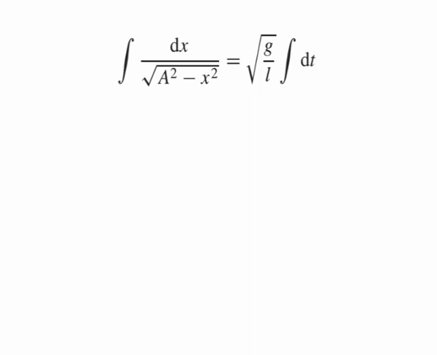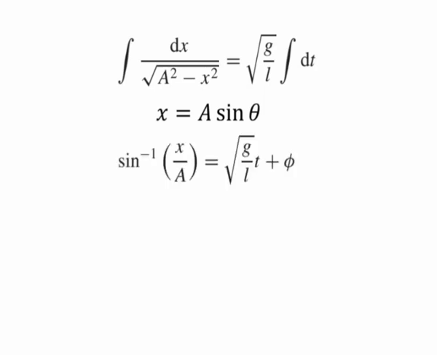The integral on the left hand side can be evaluated using the substitution x = a sin θ, giving sin⁻¹(x/a) = √(g/L) t + φ. Here φ is the constant of integration, and x = a sin(√(g/L) t + φ).